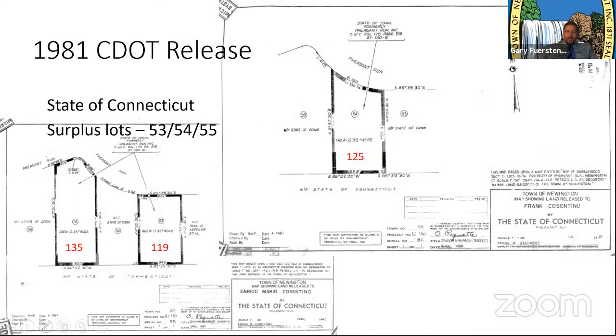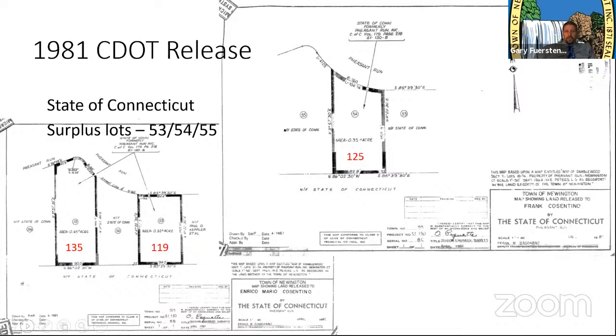So here in 1981, the Connecticut Department of Transportation owned many lots on the south side of Pheasant Run that had not yet been developed. And so here is a plot plan for lots 53, 54, and 55, also known as 119, 125, and 135 Pheasant Run.